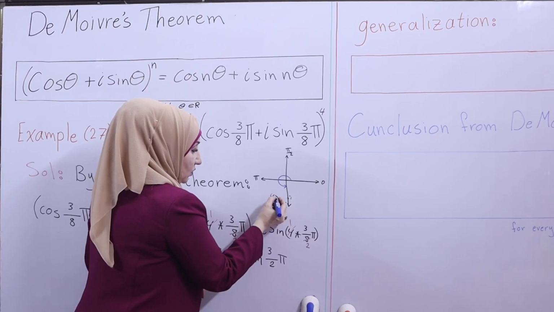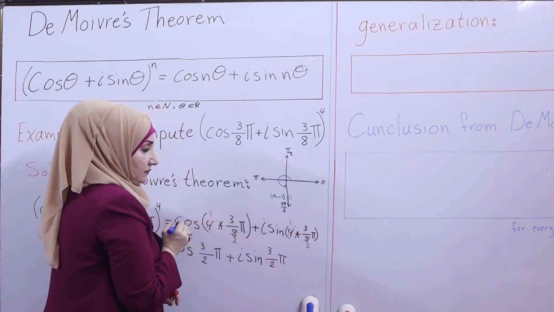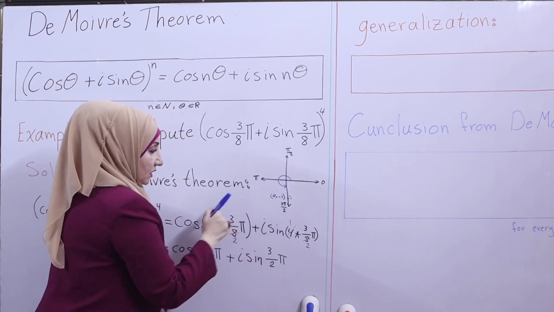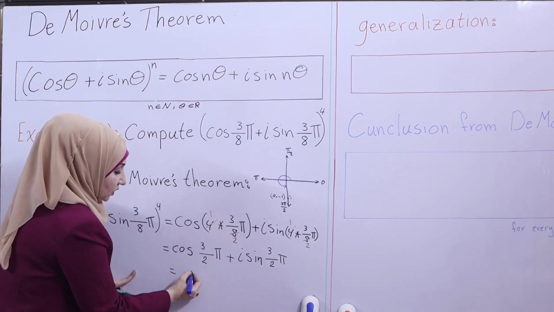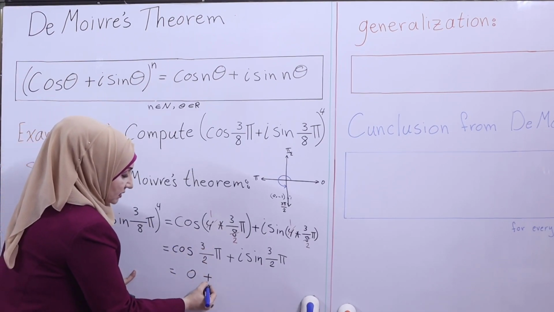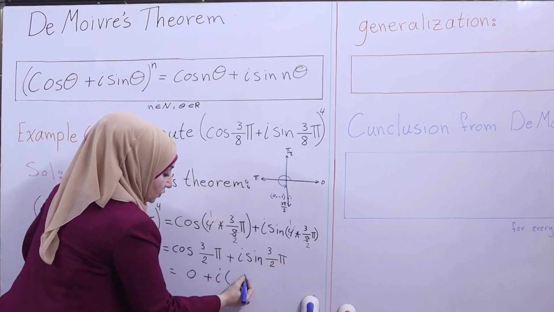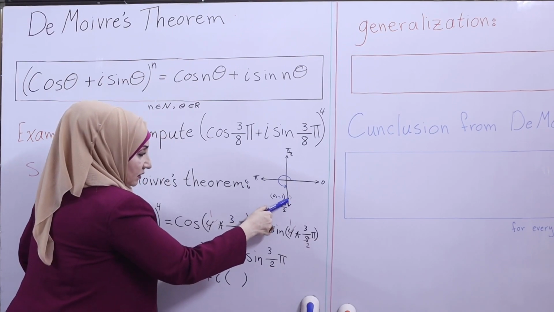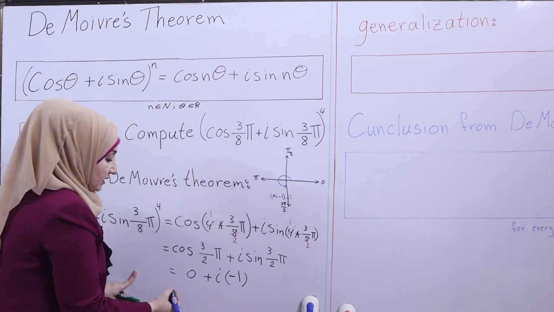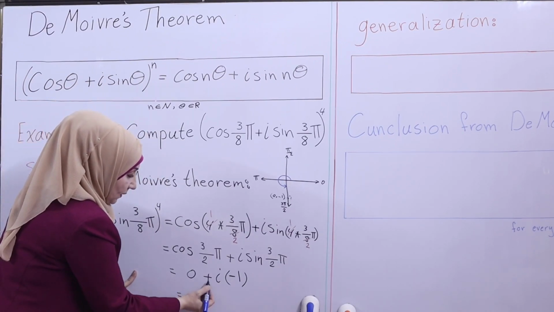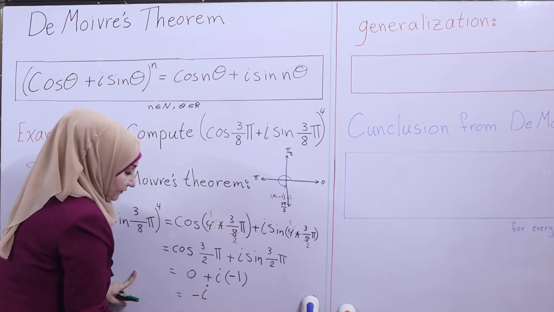That means the cosine equals 0 and the sine equals -1. So cosine 3 pi on 2 equals 0 plus I sine 3 pi on 2. You get the sine at this point, it's equal to -1. That means it will be 0 plus -I, and it's equal to -I.